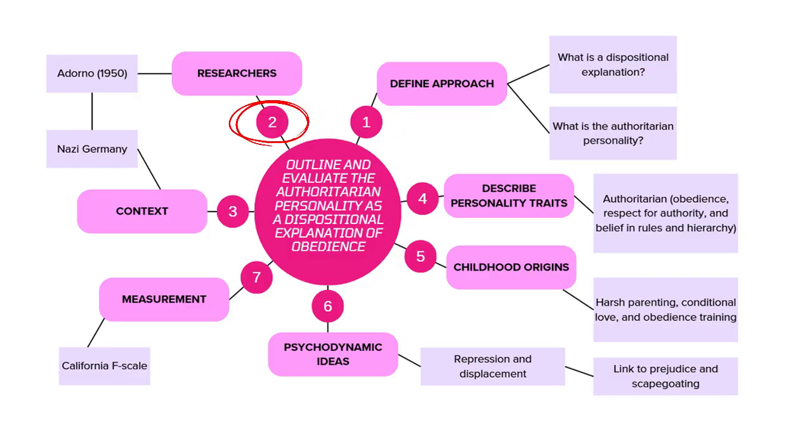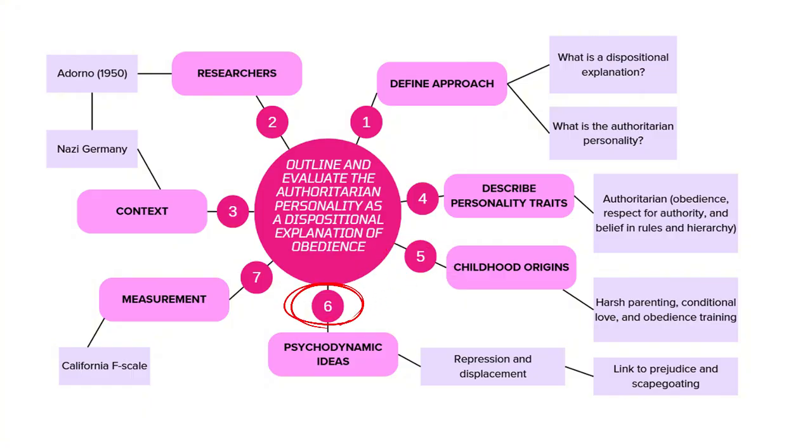Second, name the researchers. That's Adorno et al., 1950. And third, the context of Nazi Germany. Fourth, describe the personality traits: obedience, respect for authority, and belief in rules and hierarchy. Fifth, explain the childhood origins: harsh parenting, conditional love, and obedience training.